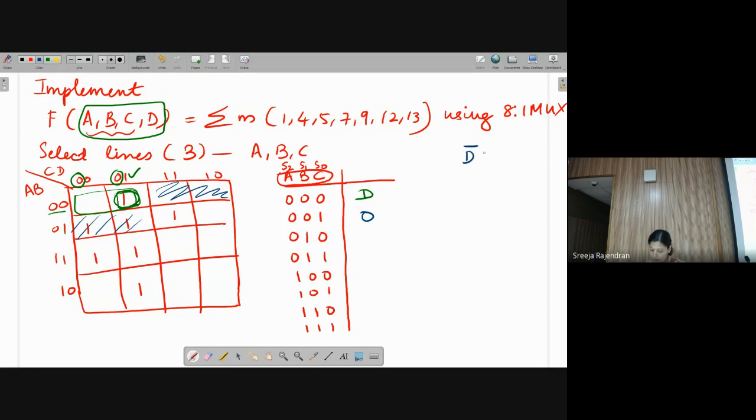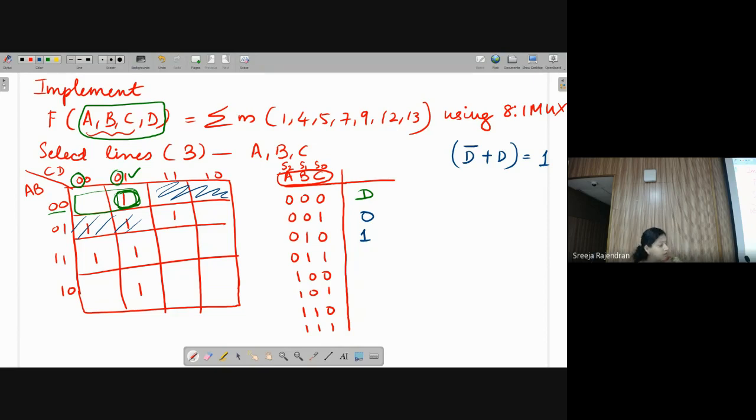D bar, plus here D. So if I do that, I get 1. Is that clear how it comes? You are supposed to group. ABC becomes my select lines, so my input values are a function of only D. What happens when I take each combination of ABC? Which cubes fall into that group is what we are checking.